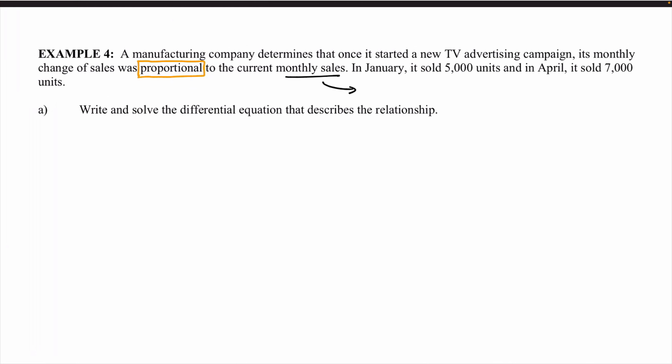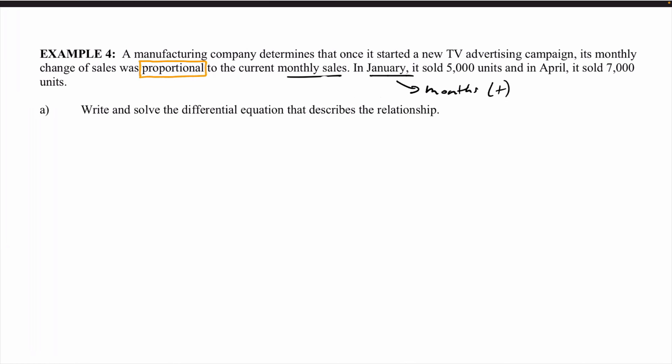5,000 units. I'll use U. So I used S for sales and T for months for time.